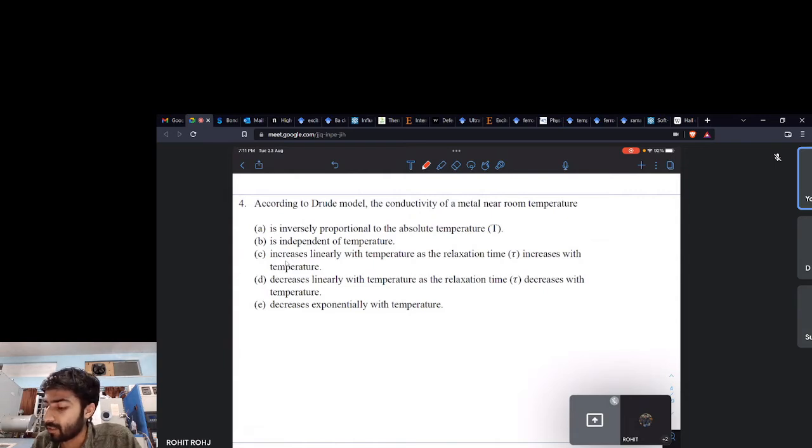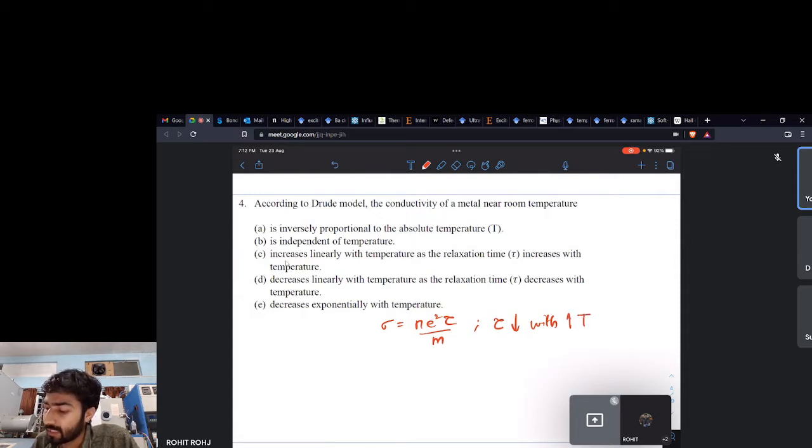As I have mentioned above, conductivity goes as Ne square tau by m, and the collision time tau decreases with the increase in temperature because of the increased kinetic energy of the electrons. They go in zigzag motion more.